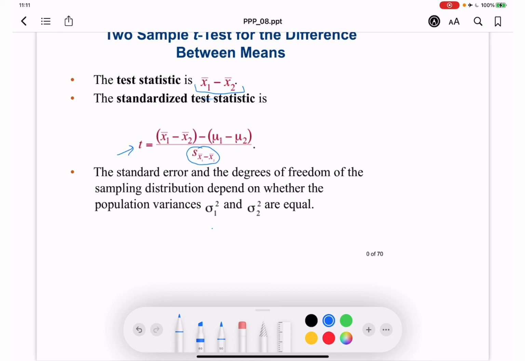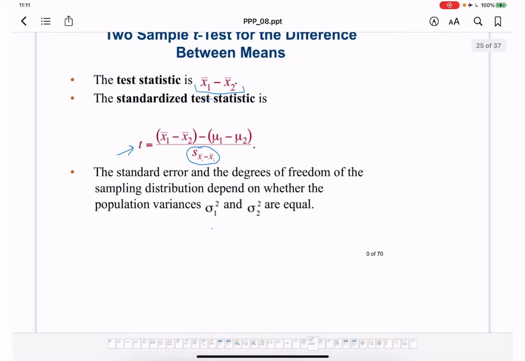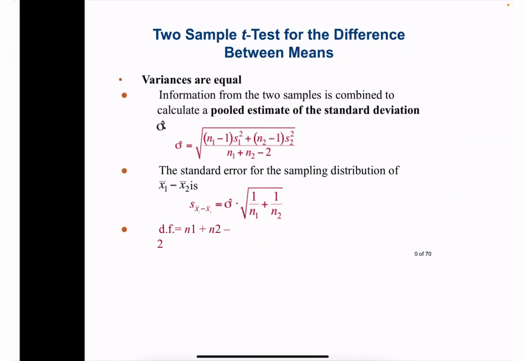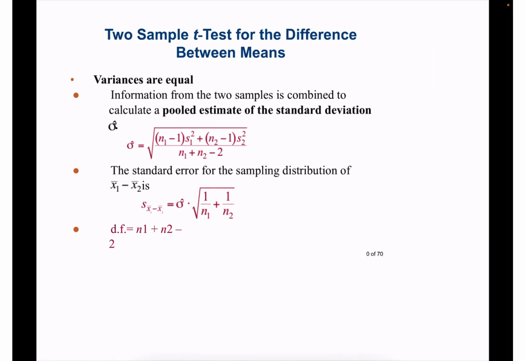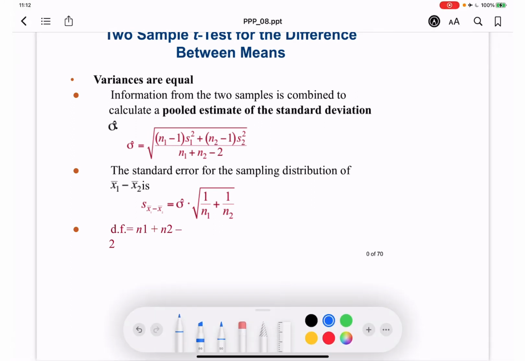So we are going to look into cases when variances are equal and variances are not equal. Information from the samples is combined to calculate a pooled estimate. When variances are equal, we are going to use the following formula.